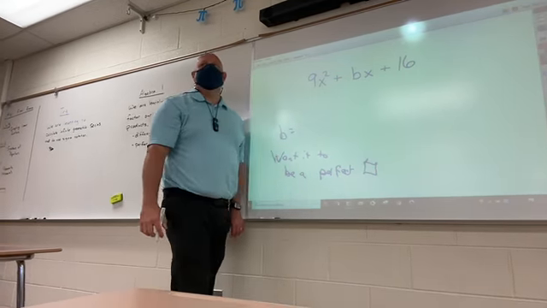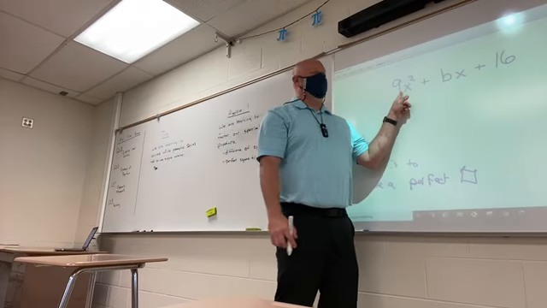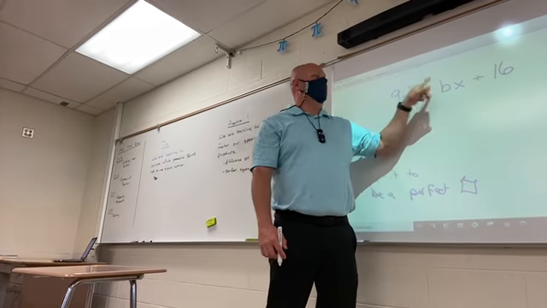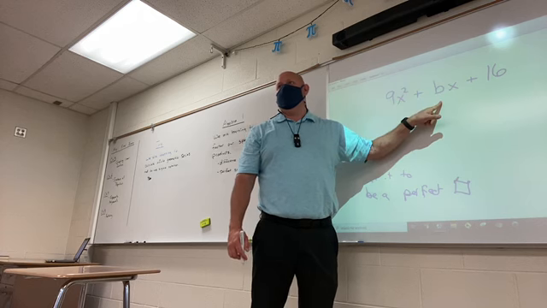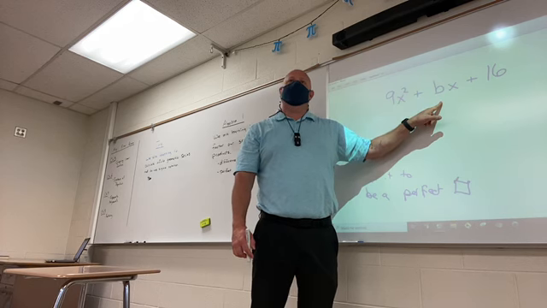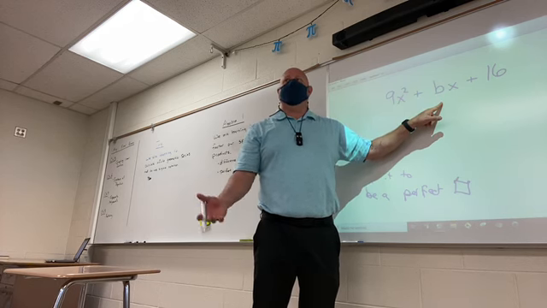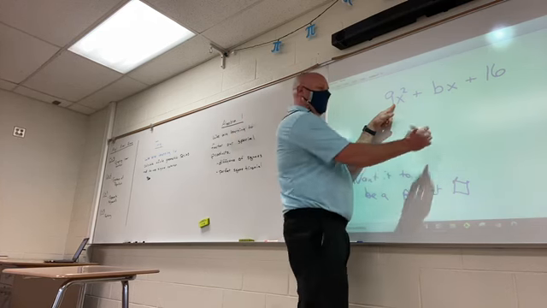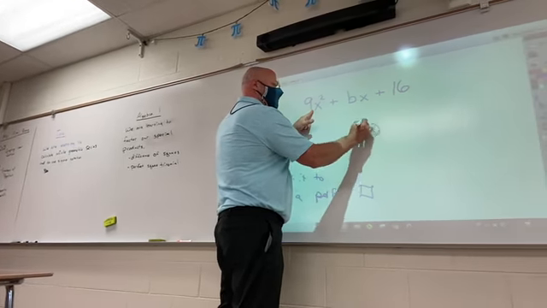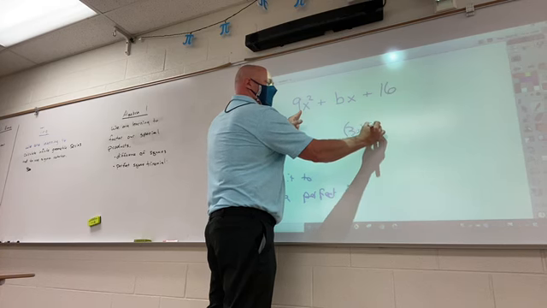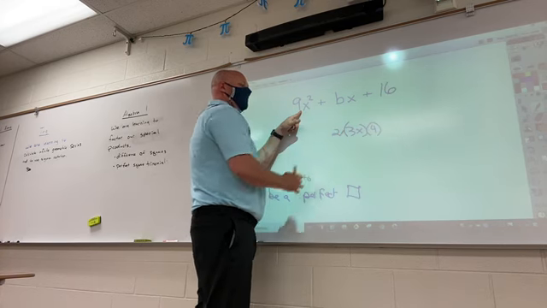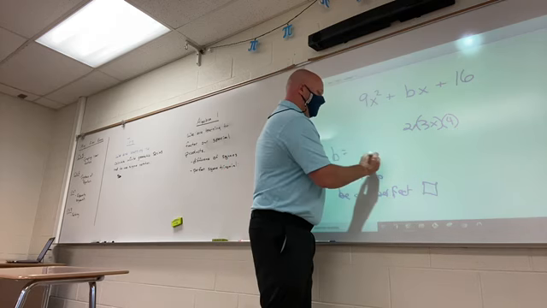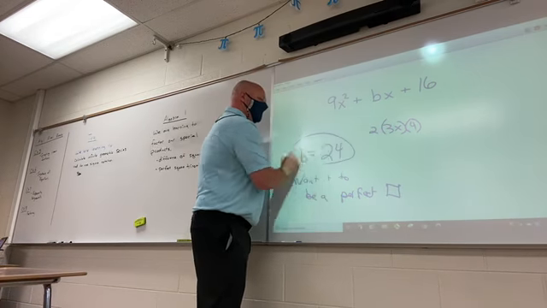I want it to be a perfect square trinomial. That's a perfect square. That's a perfect square. What does b have to be here in order for this to be a perfect square trinomial? How would I figure that out? What's the square root of that? It'd have to be 3x times 4 times 2. What's 3 times 4? It has to be 24. B would have to be a 24.